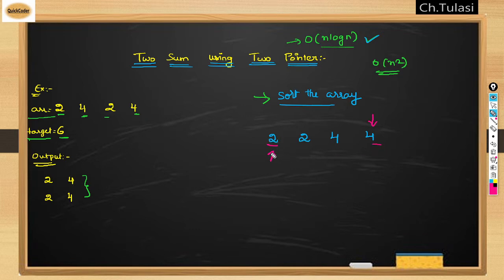If the first pointer and the last pointer add up to 6, then we can print that pair, and move the first pointer forward by one and the last pointer backward by one. Again 2 plus 4 gives 6. Yes. Now again the pointers move. But we have a while condition that the first pointer should be less than the last pointer, so the loop ends and the result will be returned.